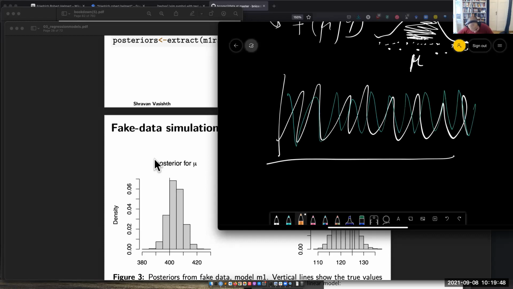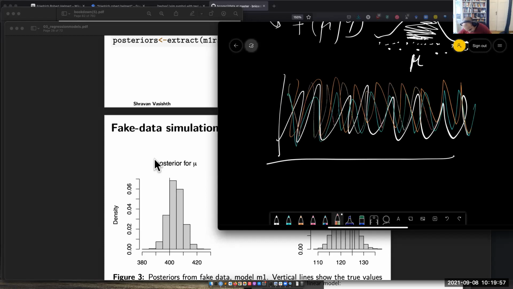Here is another chain, the third chain, and then there will be a 4th chain. Here's another color. So I've run 4 chains that will get me 4 sets of samples for mu. We call these 4 instances chains.